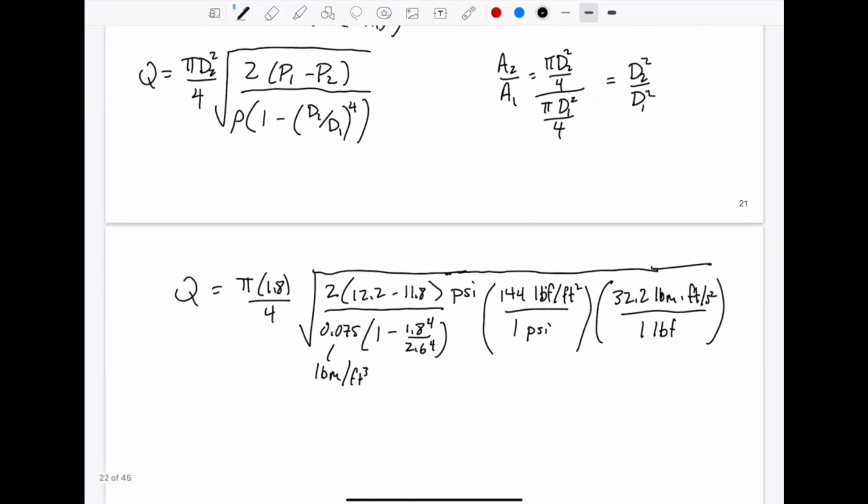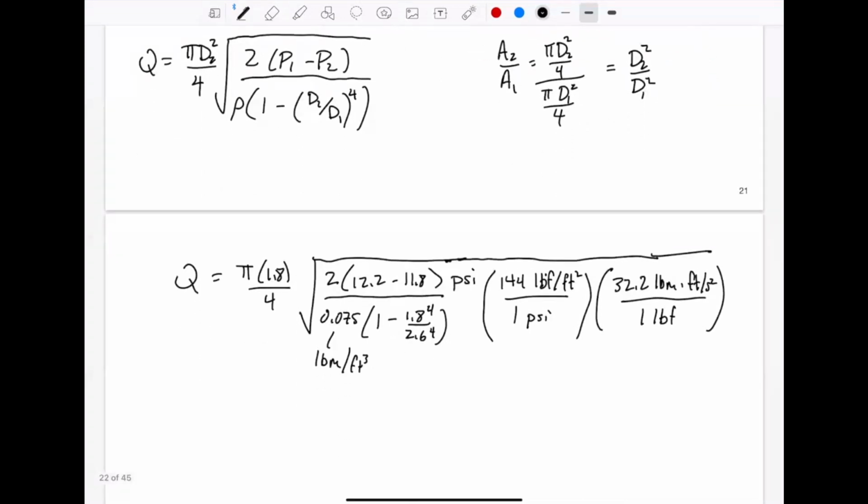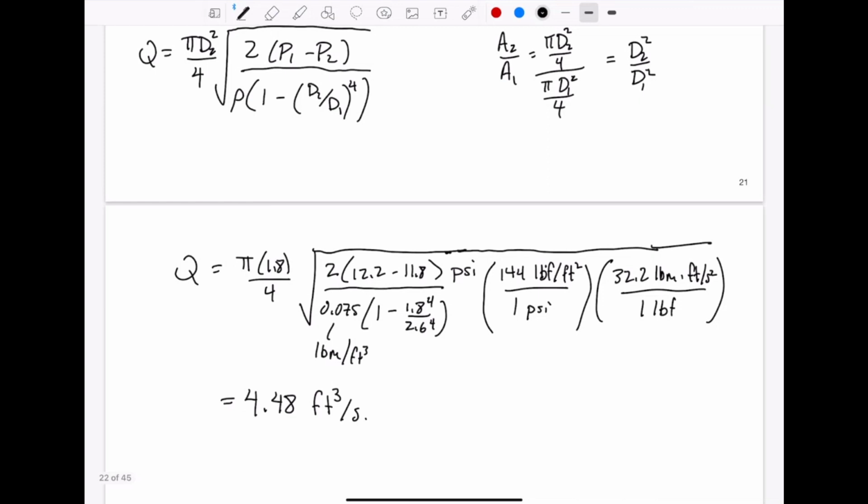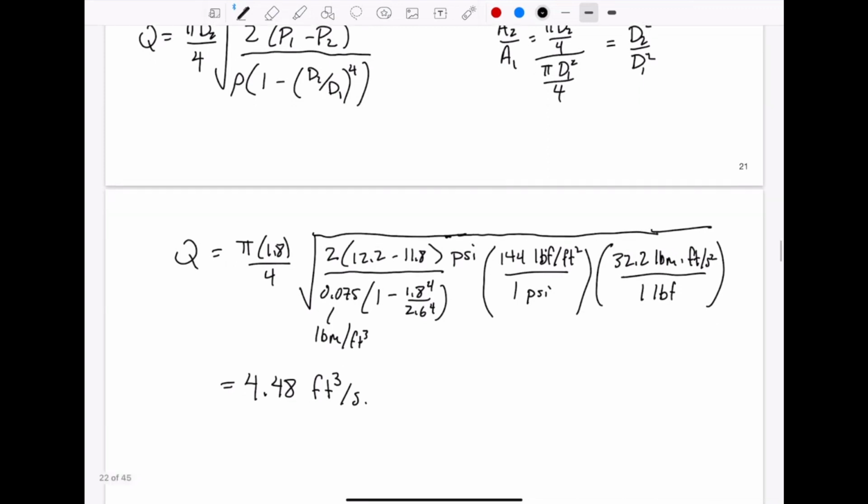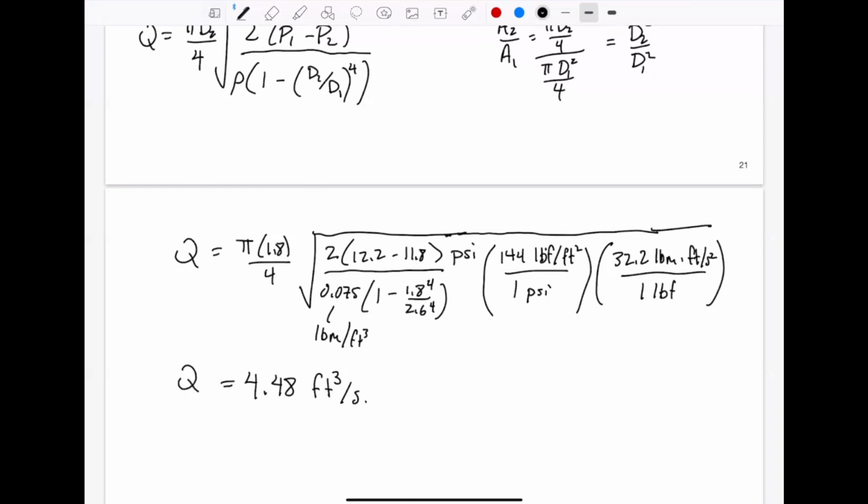Whether you decide to do it this way, or if you change all units before so they're equivalent units, either method is fine. And our final answer we would get would be 4.48 cubic feet per second. So the flow rate through this Venturi meter would be 4.48 cubic feet per second.